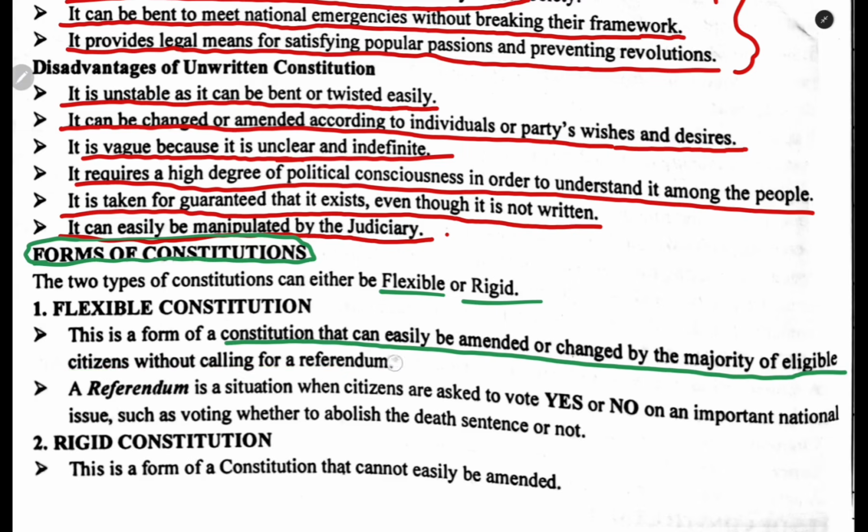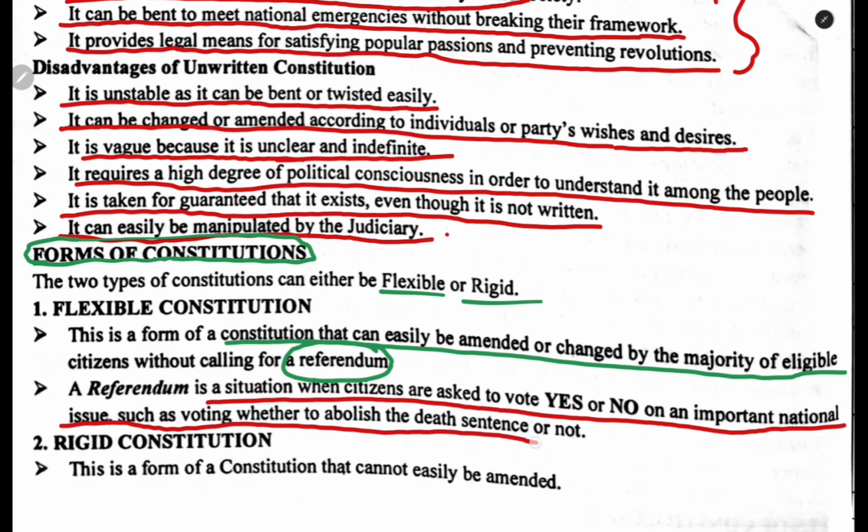Now here we have mentioned the term referendum, and you need to know it in case you are asked to define or explain terms. What is a referendum? A referendum is a situation where citizens are asked to vote yes or no on an important national issue, such as whether to abolish the death sentence or not.